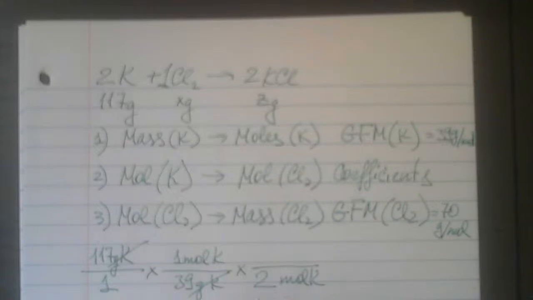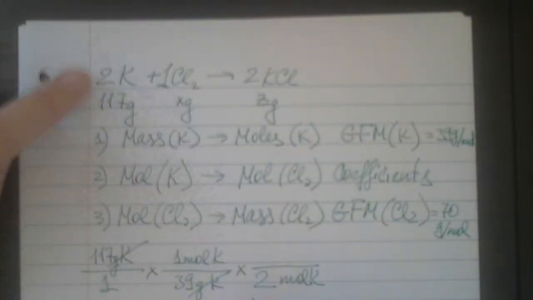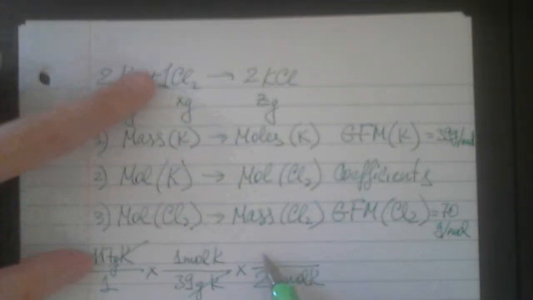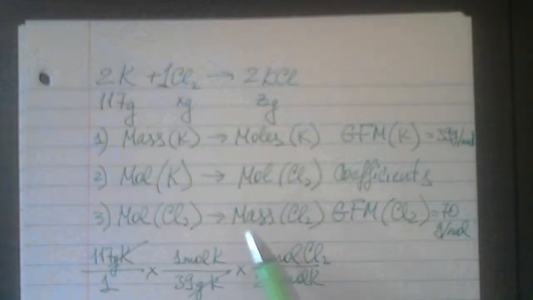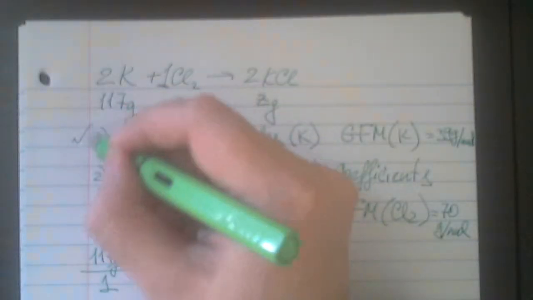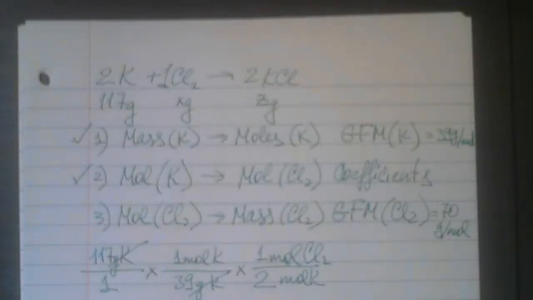So I'm placing 2 moles of potassium, referring to this coefficient over here, and I'm placing 1 mole of chlorine at the top. This will accomplish step number 2. So we're pretty much done with this and with this, because moles of potassium will disappear, and moles of chlorine will be our remaining unit.